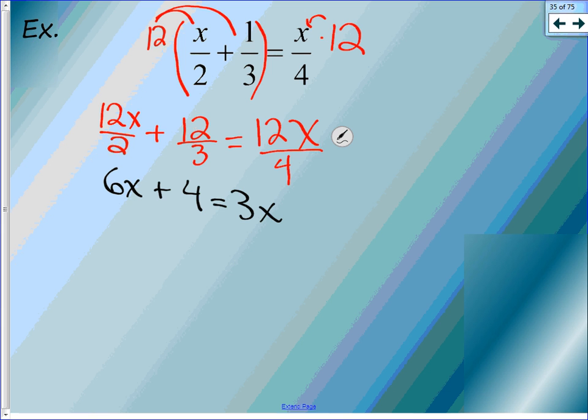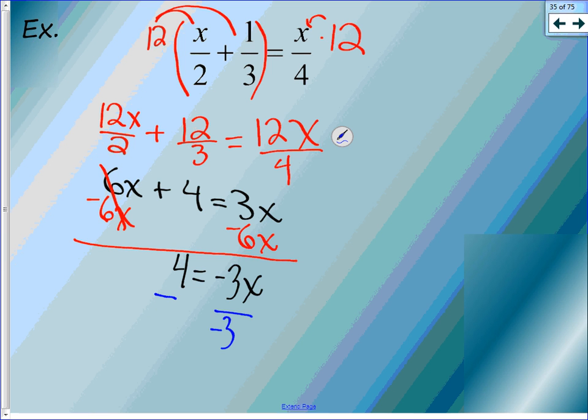So, Brendan J., which side do you want to get the x's on, the left or the right? The right. So how would you get the x's on the right? You would add -6x to both sides. So 4 would equal -3x. And then we'll divide both sides by -3.